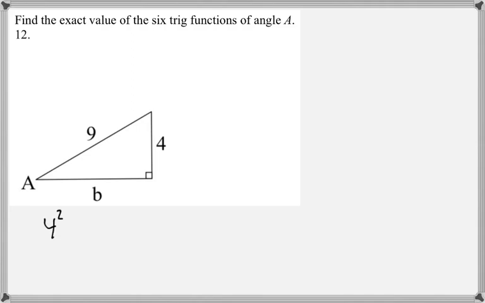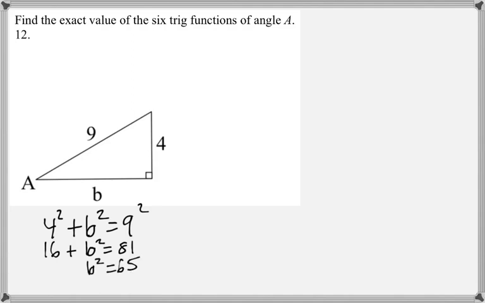So 4 squared plus b squared is equal to 9 squared. 16 plus b squared is equal to 81. B squared is equal to 65 if you subtract 16. And then b is equal to the square root of 65. So b is square root of 65.